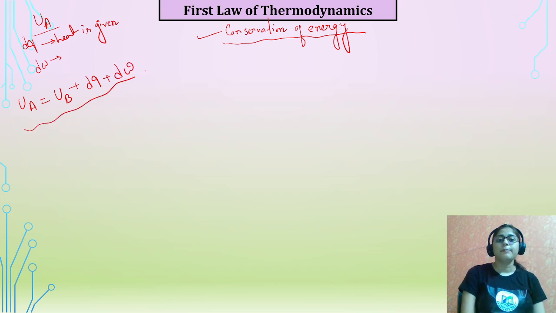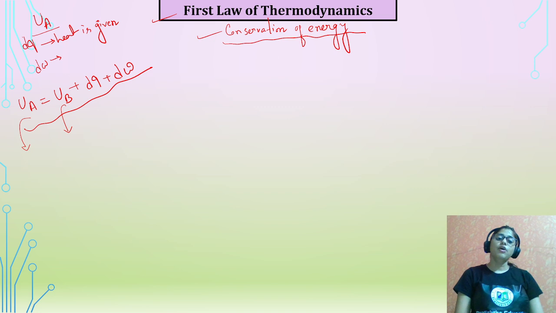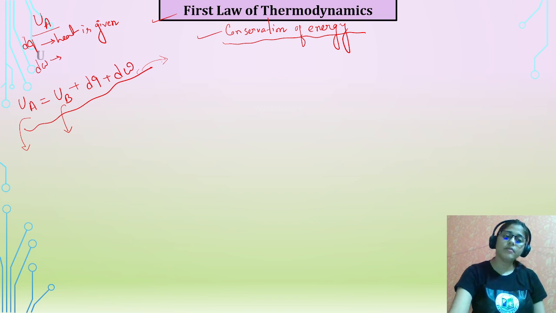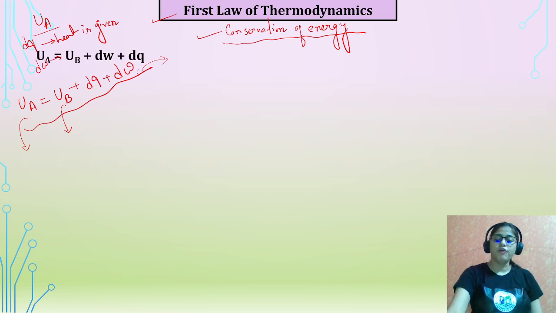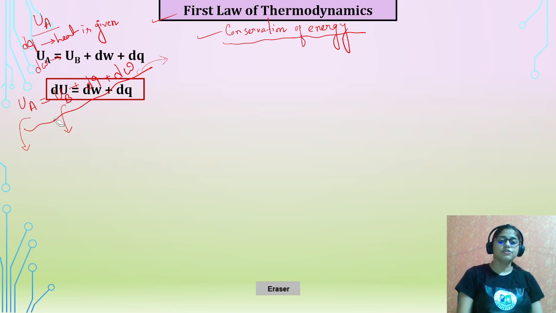This is the main thing of the first law of thermodynamics: UA was the internal energy of the system, and UB is the internal energy after giving the heat, after the system has done the work, dw, the amount of work. So for conservation of energy, UA will be UB plus dq plus dw. This is the mathematical form of the first law of thermodynamics.